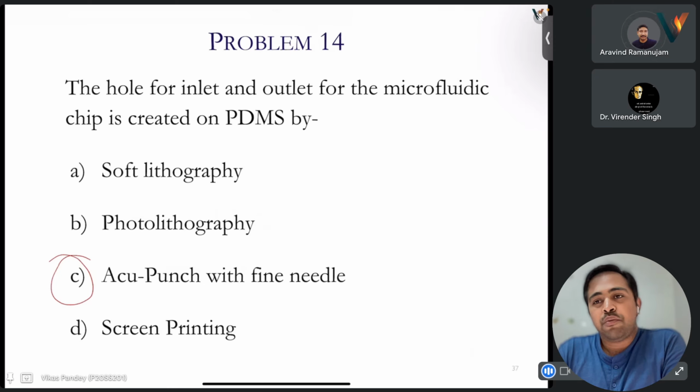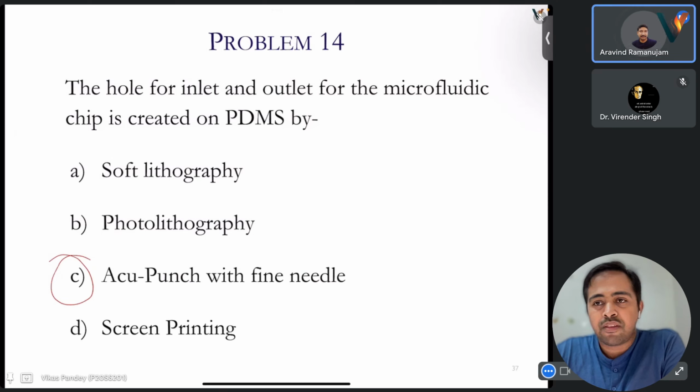And why cannot we do it with soft lithography, since we are patterning with soft lithography, right? Yes. So why is it not done using that? So we can also do with soft lithography also.